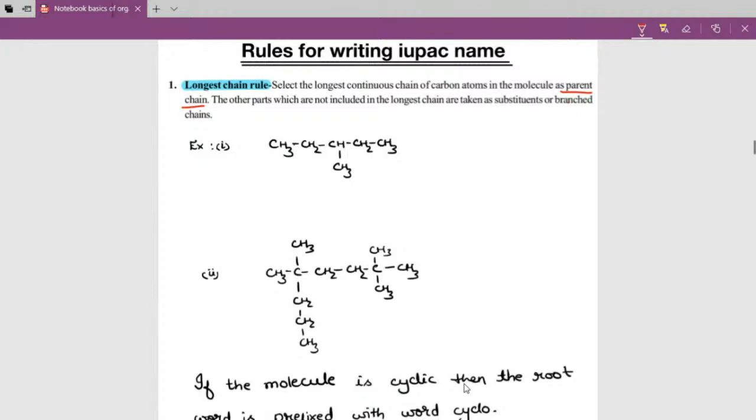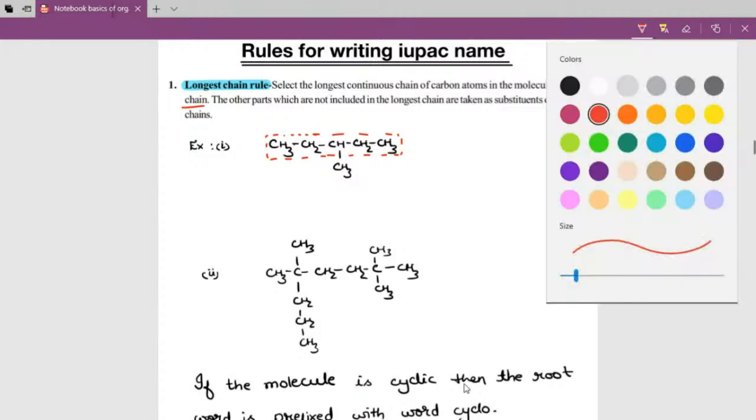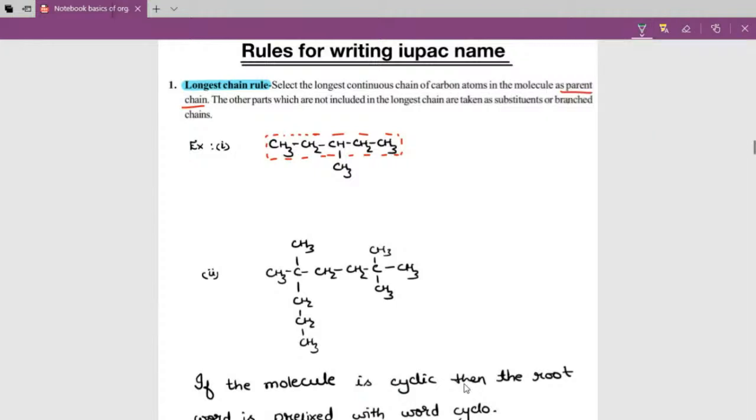So for example, in this, what are my possibilities? If I take this as a continuation, I will have 5 carbons. And if I take this as a continuation, I will have 4 carbons. Similarly, the other side is also giving me 4 carbons. So definitely it is going to be 5 carbons.